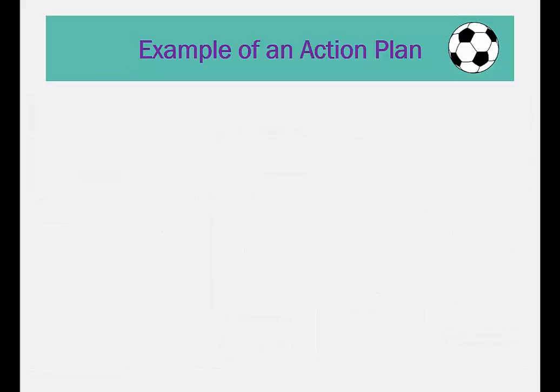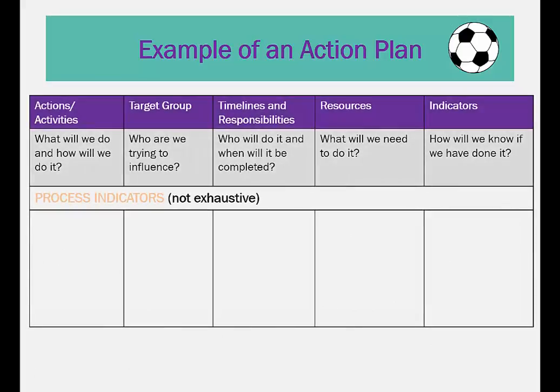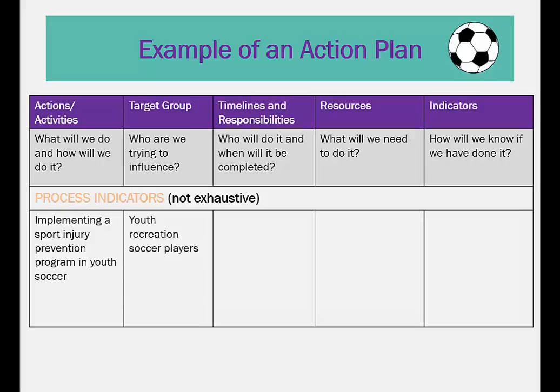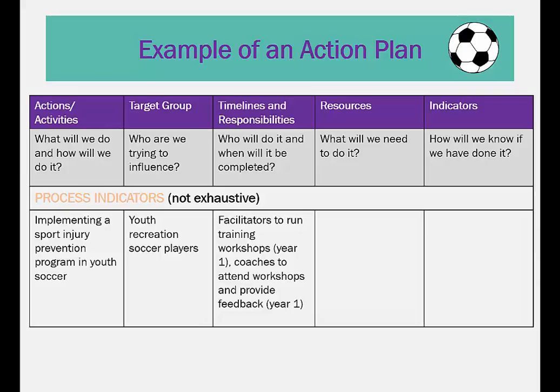Now, let's look at the process indicators for the Youth Soccer Sport Injury Prevention Program. Actions/activities and target group are the same as the previous slide. Timelines and responsibilities. In year 1, facilitators will run training workshops, and coaches will attend workshops and provide feedback.